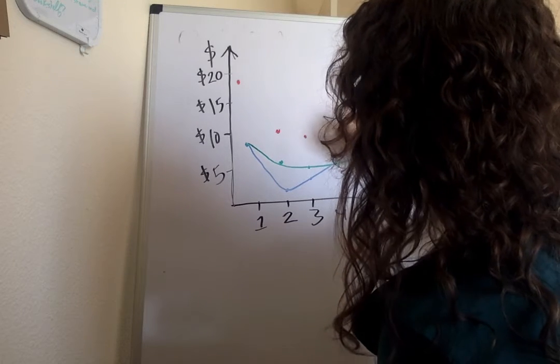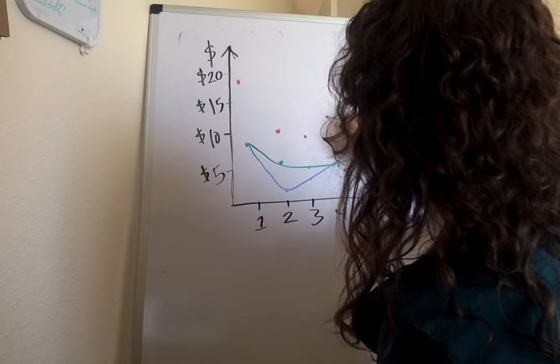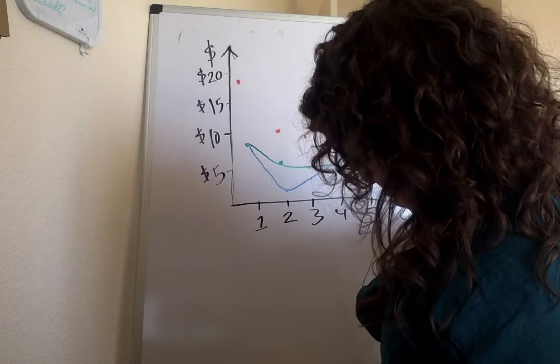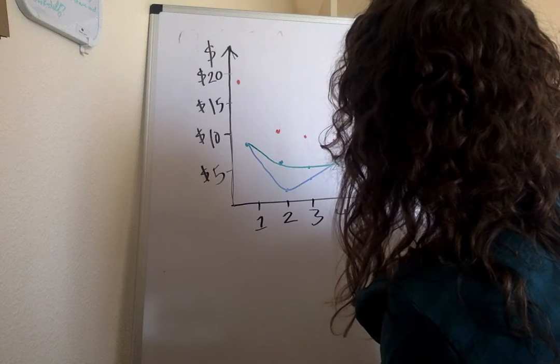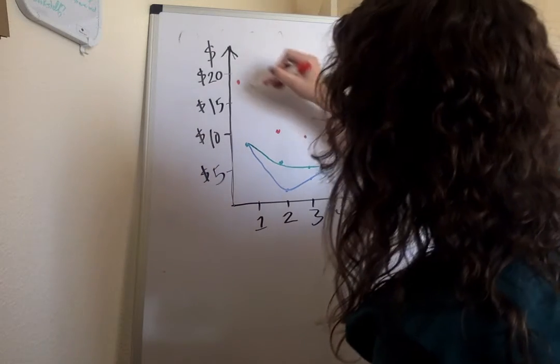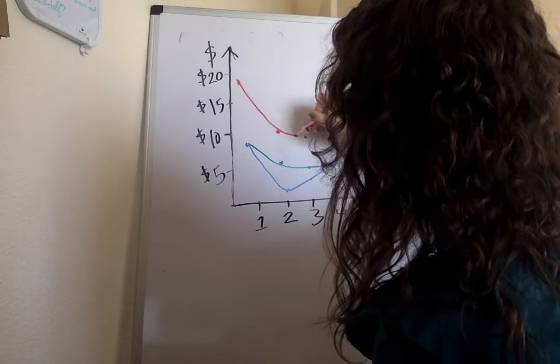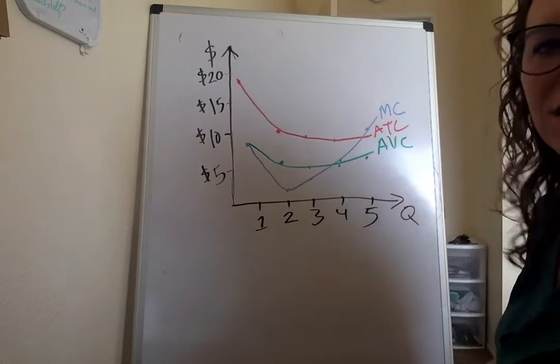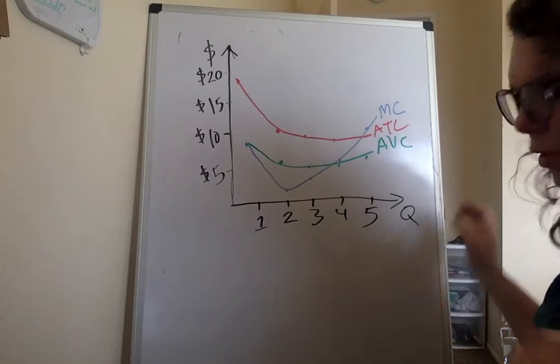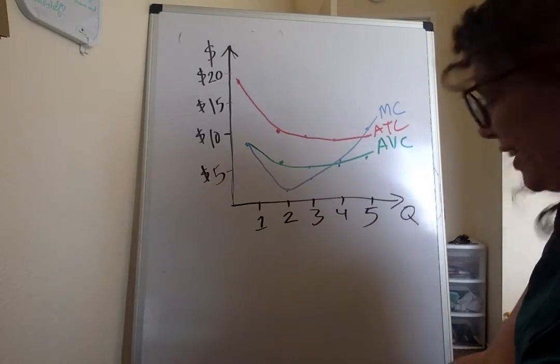So let's say that, and that, and then that. So that's more of a skewed smile. So that's what your curves should generally look like.